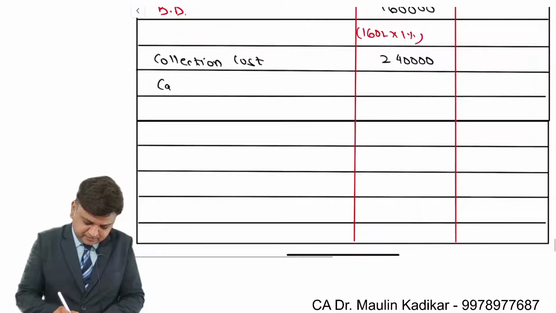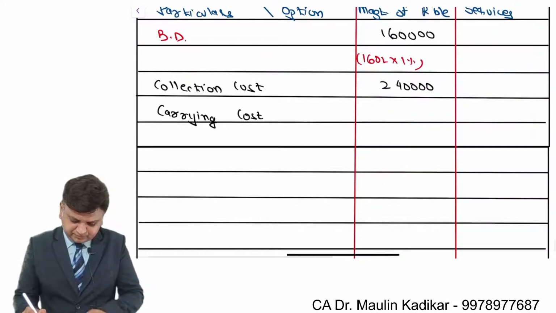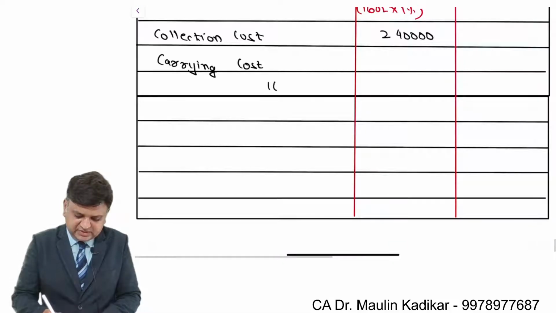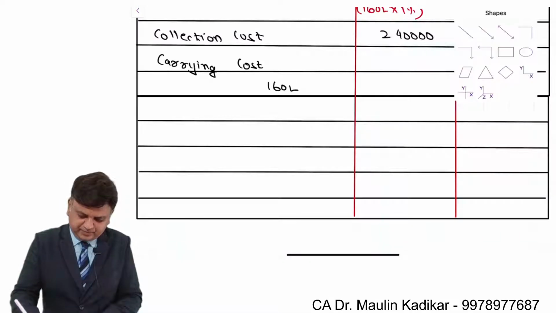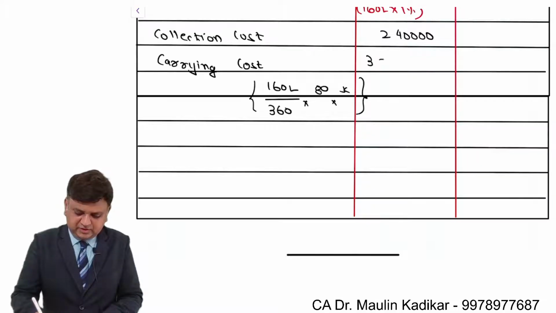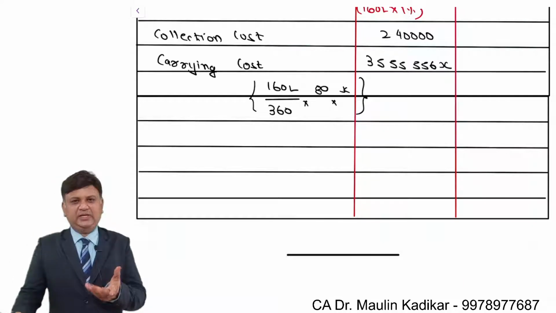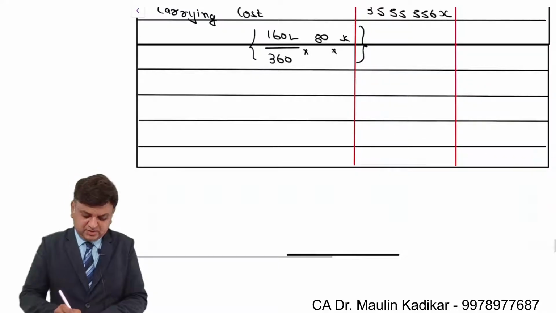Next, carrying cost. As far as the carrying cost is concerned, in that 160 lakhs divided by 360 into 80 into cost of capital is X. So 35 lakh 55,556 into X, because the amount of the debtors has already been found by us.